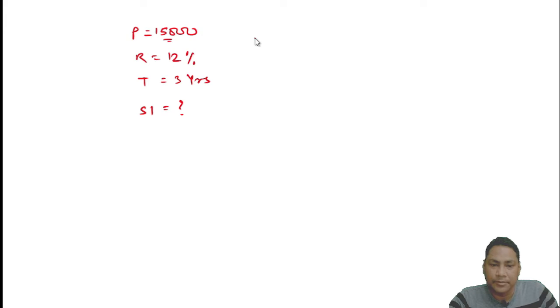So per annum he will get interest of 15 into 12, 180, and so 1,800 rupees per annum. For 3 years it will become 3 multiplied by 1,800, that is 5,400.